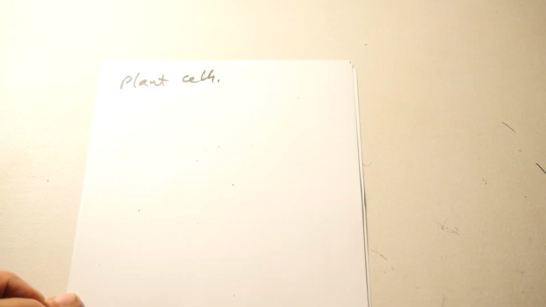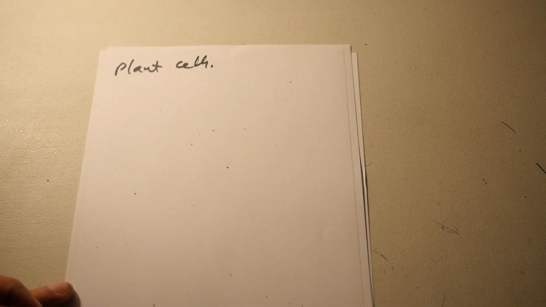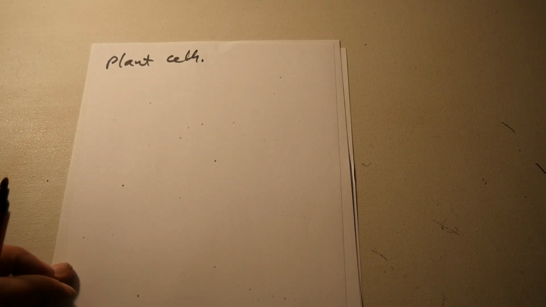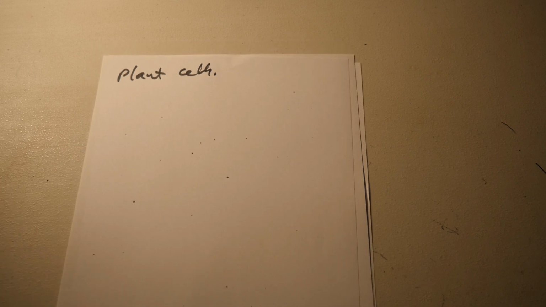Right. Plant cells. Best examples I can take: if you take a bit of lettuce that's very withered, or some broccoli from a shop that's beginning to droop, and you stick them into a bucket of water overnight, okay?